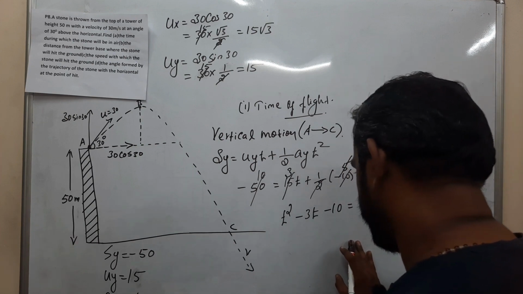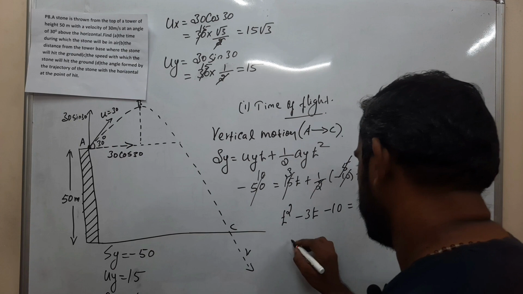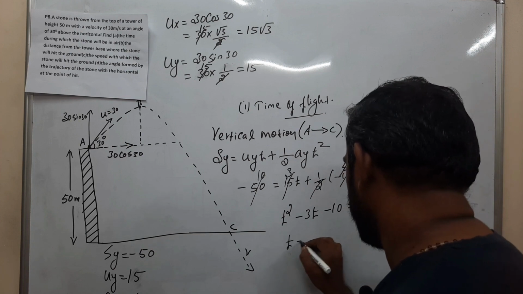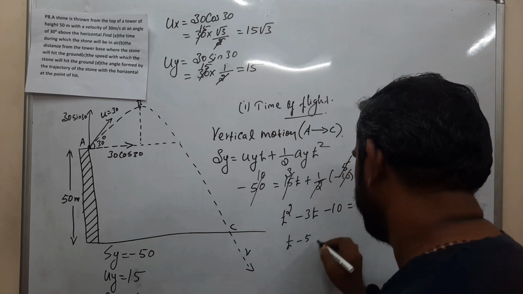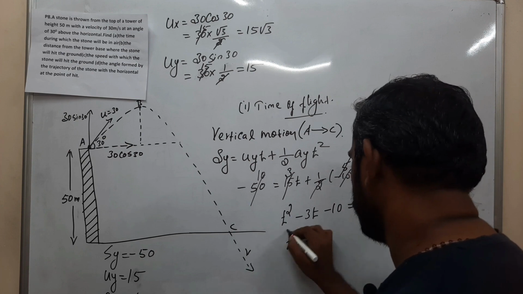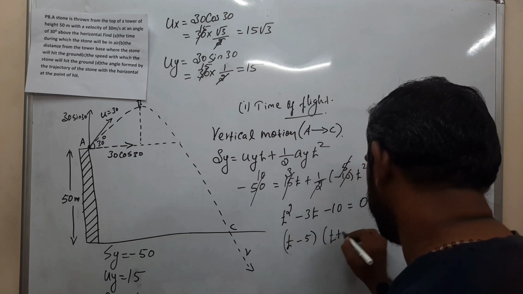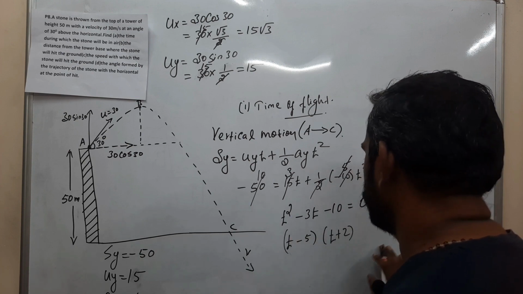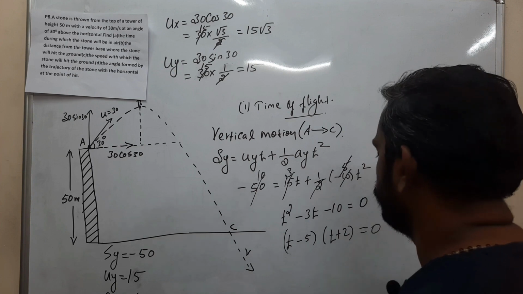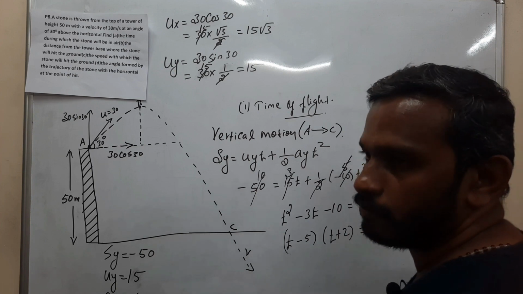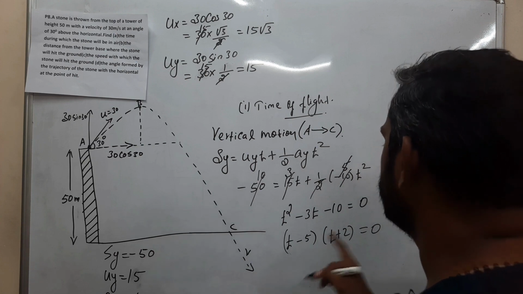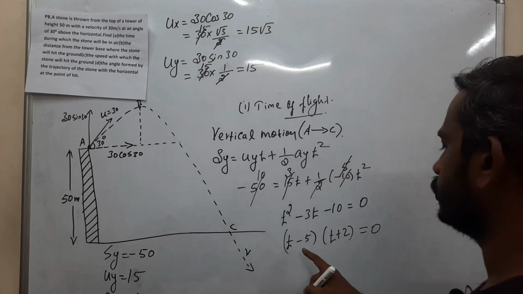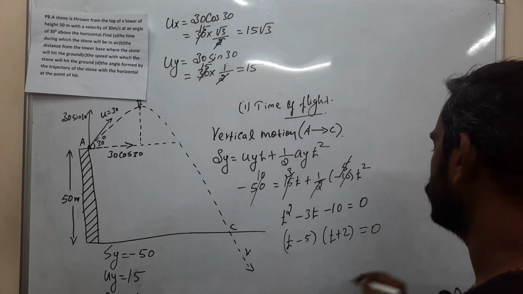So t minus 5 into t plus 2 is equal to 0. Minus 5 plus 2 is minus 3, and minus 5 into 2 is minus 10.